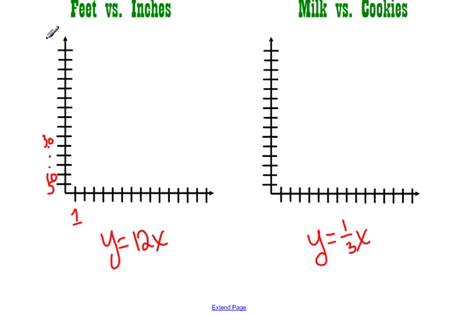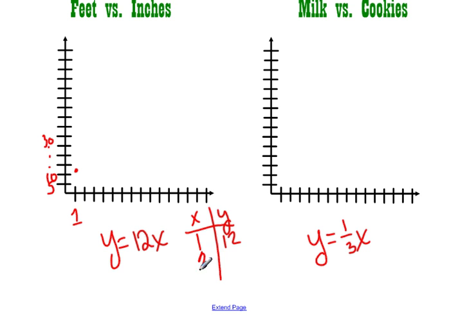I'm not going to label all of them, but we're just going to see what this graph will look like when we graph it. So when I have 1 foot, I have 12 inches. So that's the point 1 comma 12. So 1 comma 12, here's 10. It's going to be a little bit higher than that.